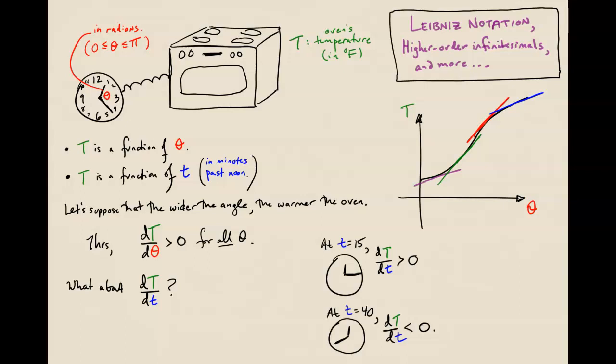This is why it's often important not just to speak of the derivative of a function, but the derivative of a function with respect to a particular variable. This is one reason why Leibniz notation is so nice, because it gives us information specifically about the independent variable. Anyway, that's enough on the basic idea of Leibniz notation.